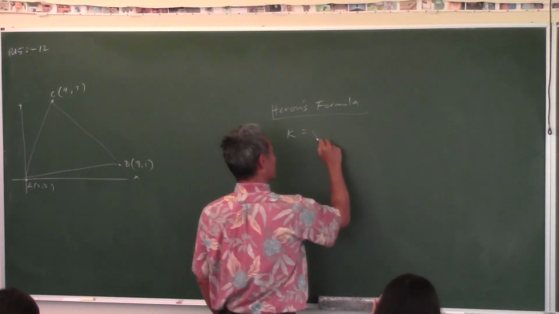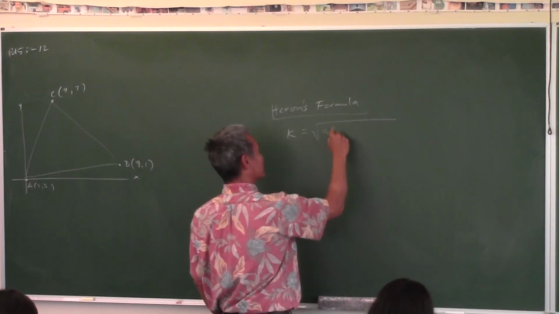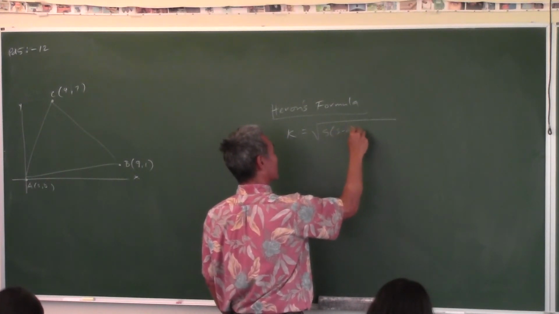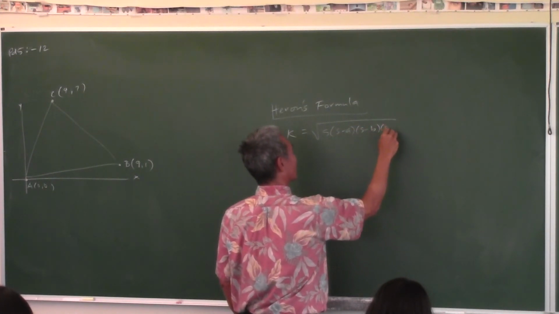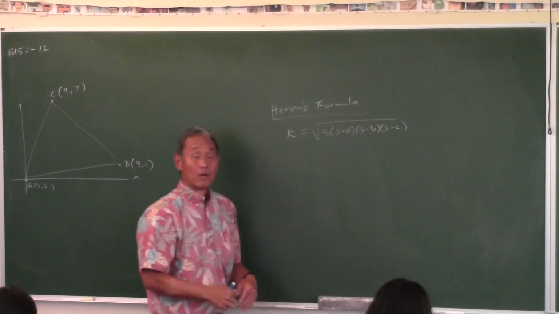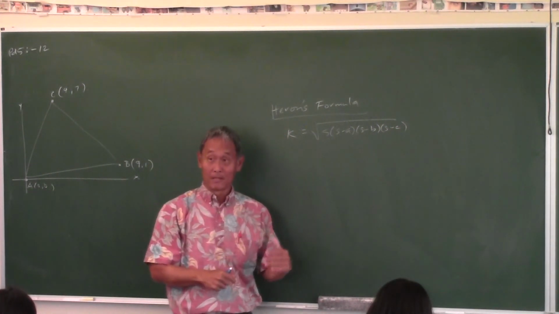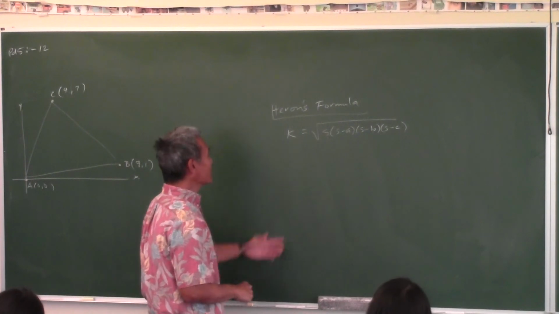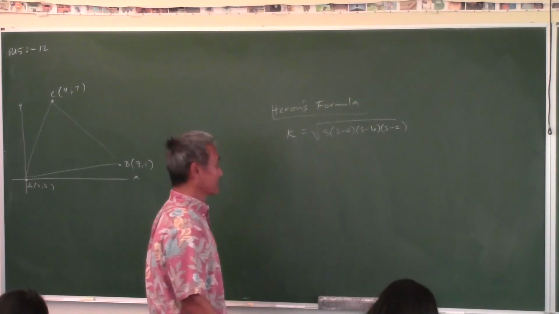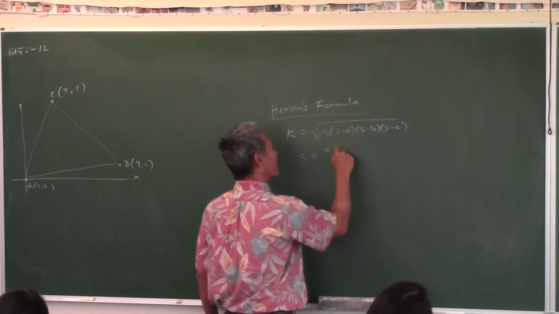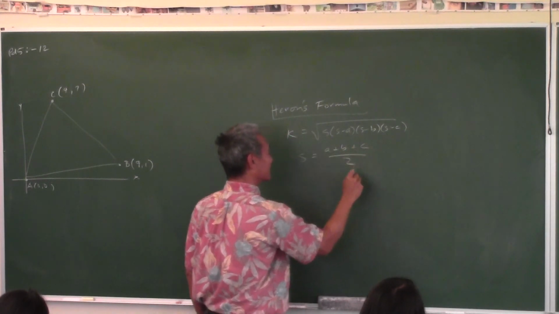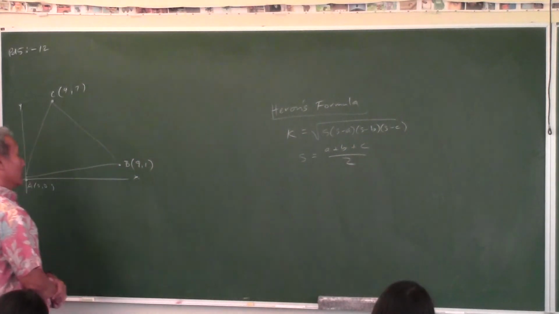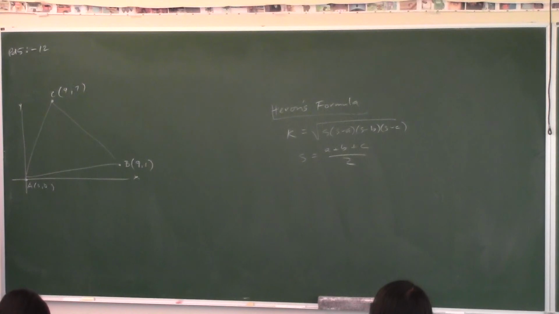Kappa equals the square root of S times S minus A, and so on. Hey, try looking in the notes, it might be there. What's S? S is A plus B plus C over 2, the semi-perimeter. Right?